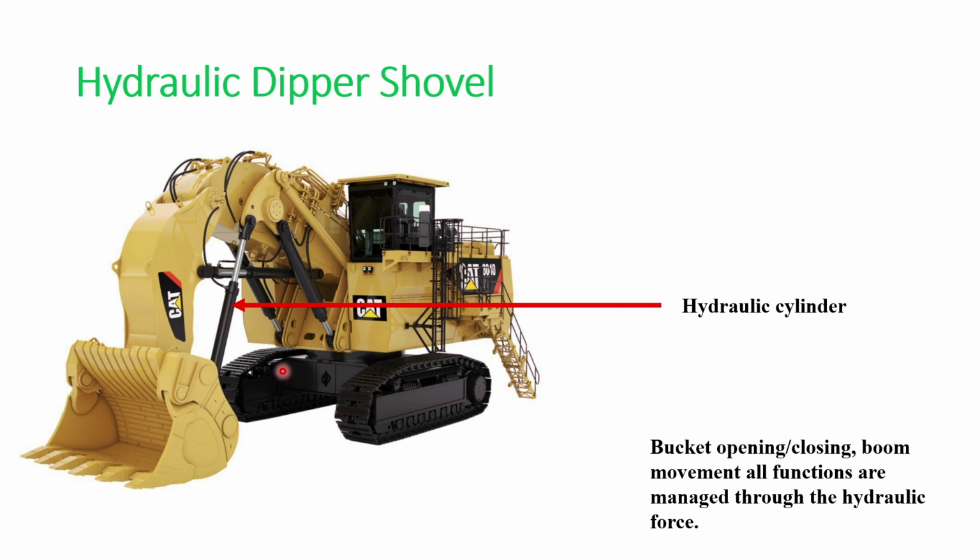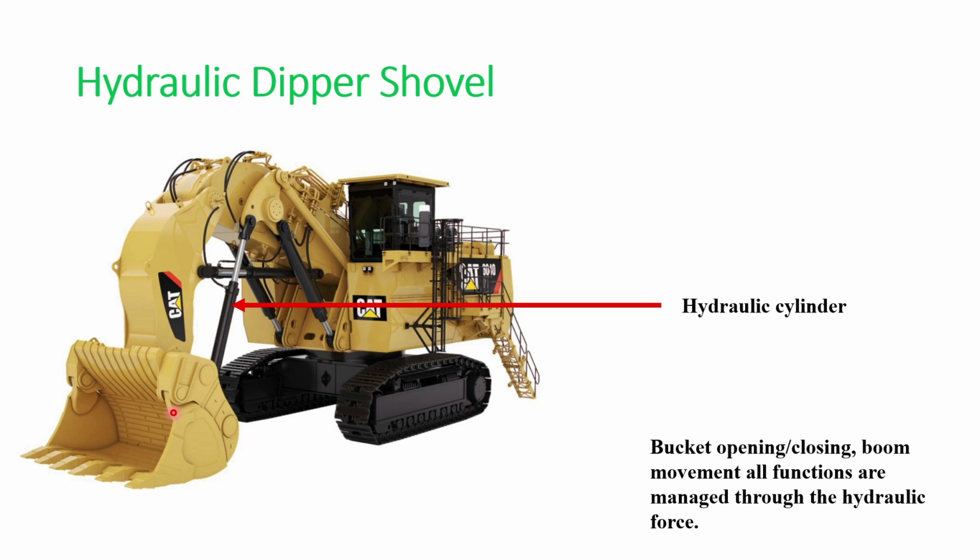So why is it hydraulic? Because this bucket movement is controlled by this hydraulic cylinder. These are the hydraulic cylinders you can see. And for these hydraulic cylinders, pumps are used for pumping this hydraulic fluid, which will create the hydraulic pressure, and it will help in the movement of the bucket.